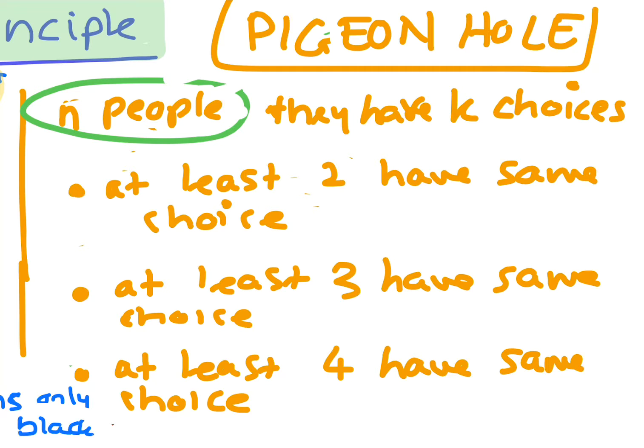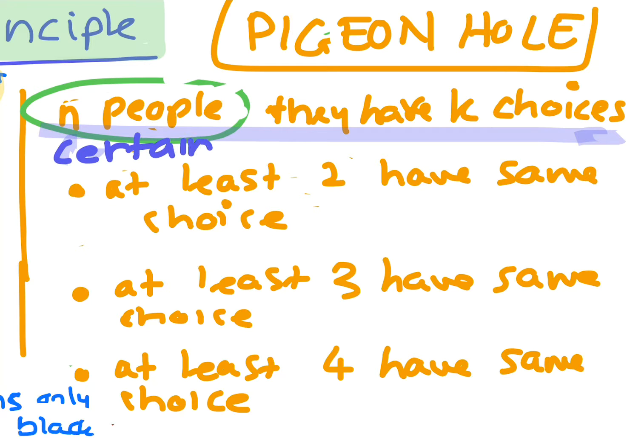So with the pigeonhole principle, if you have n people and they have k choices, and you want to be certain that at least 2 have the same choice, then what you're going to have to do is put 1 in each hole.